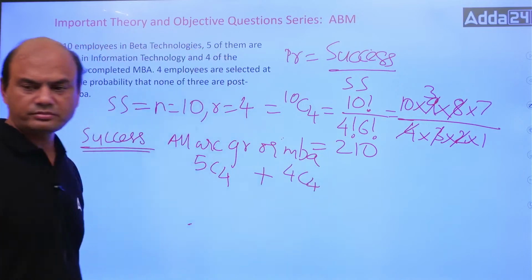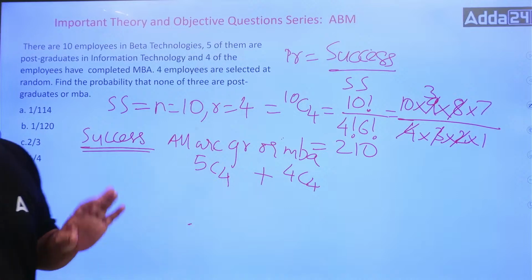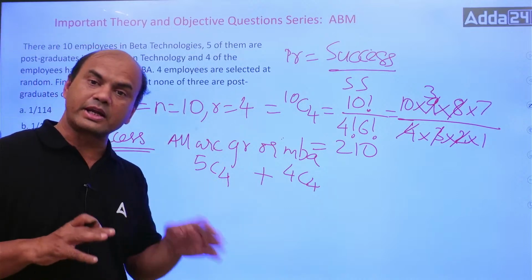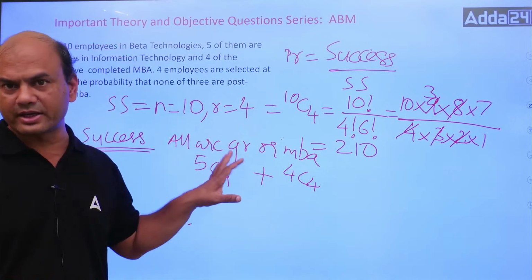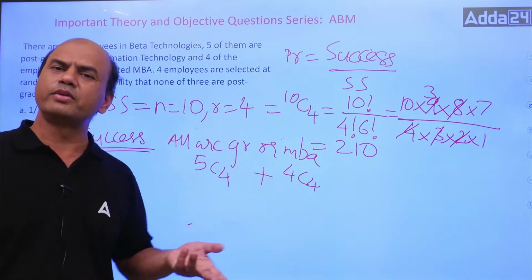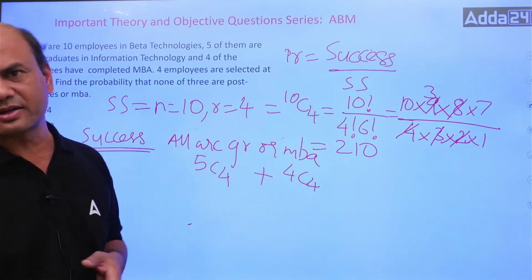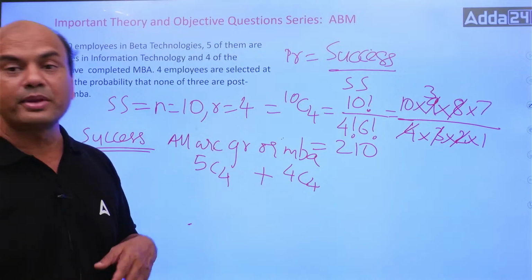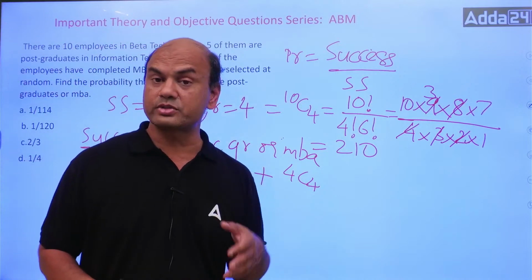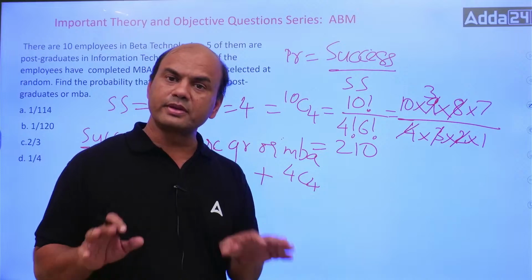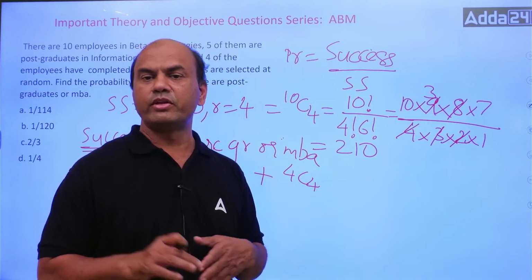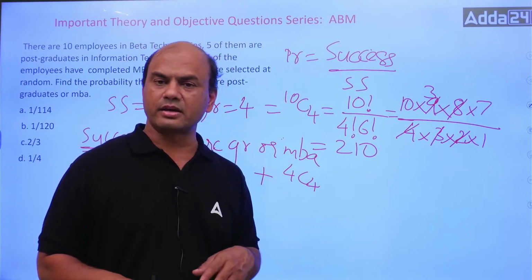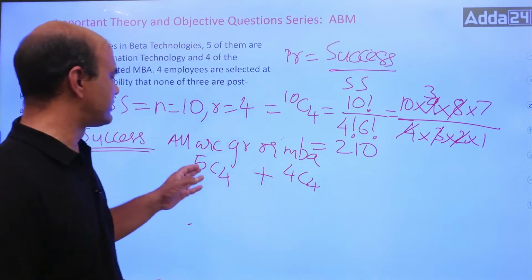When we get the answer, we'll subtract it from 1, because that is known as a complementary event. What is complementary? Both of them can't exist. When one occurs, the other can't occur. So find this, 5C4.